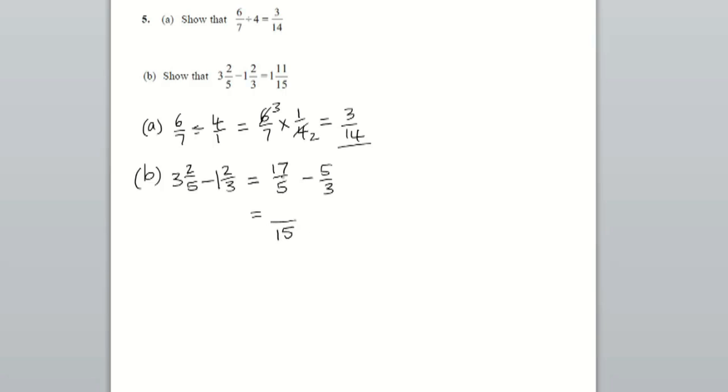So I need to treble the top one, making 51. I need to multiply this one by 5, making 25/15. I'm then at a position where I can do that, and I get 26/15. That's what they're going to be looking for, some sort of top heavy fraction, not just 1 11/15 popping out of thin air.